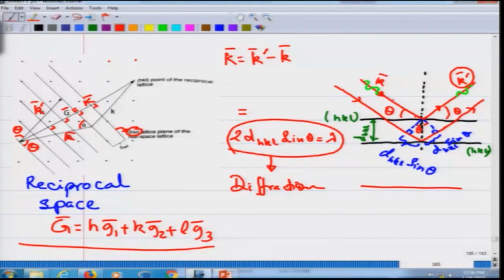Theta is the angle between the incoming wave vector and the lattice plane, and the reflected wave also has the same angle. Now, you have another wave which is parallel and strikes the parallel layer below it, which is at a distance of d_hkl from the upper layer, and so it also gets reflected, and then these two waves will undergo interference.